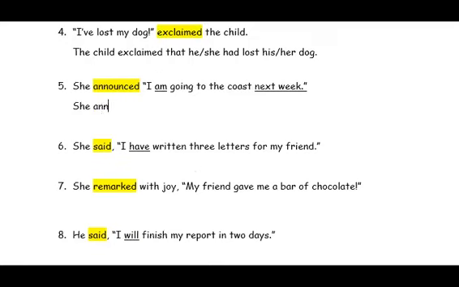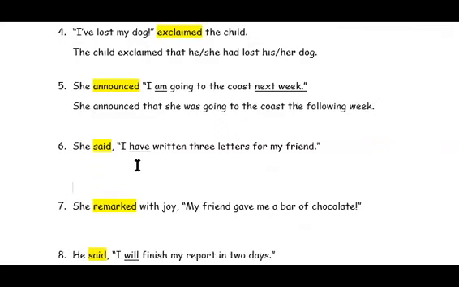So she announced that she was going to the coast the following week. Pretty simple.